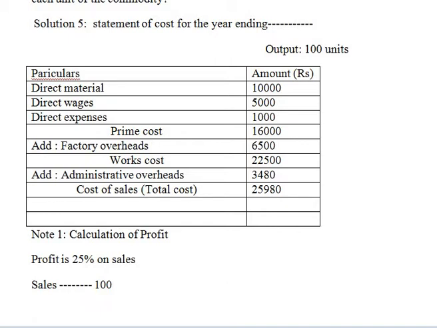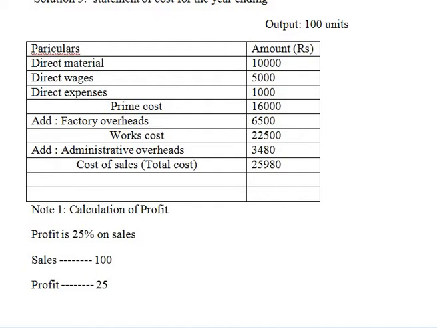Then profit will be how much percentage they have given, 25%. Then cost will be 75.